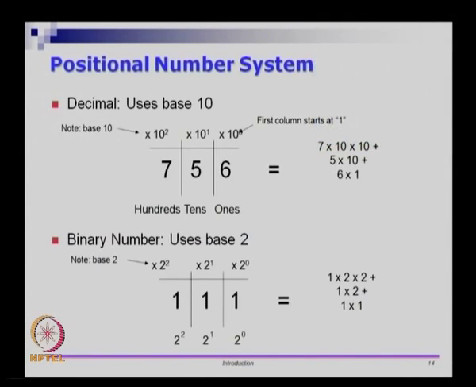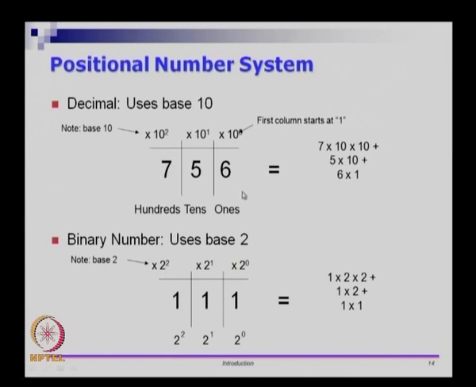So I want to do a slight switch from the Boolean expressions and give a very simple description of what a number system means, because this is useful in the later modules. So let us look at a decimal number like 756, right. We start with hundreds, tens and ones. If I give you a bigger number, you do not start from the left side.